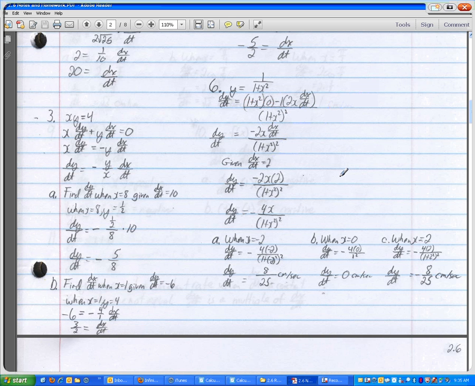Now, they told us in the directions that dx dt is 2 centimeters per second. So we're told that dx dt is 2. All right. So the first thing, well, let's see. I'll take it back. That's a good version of the equation until I realize they've told me what dx dt equals. So I take it back.